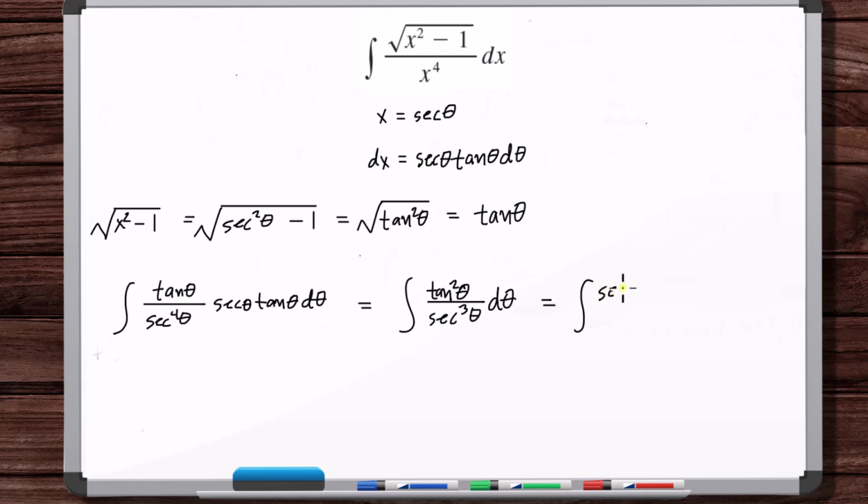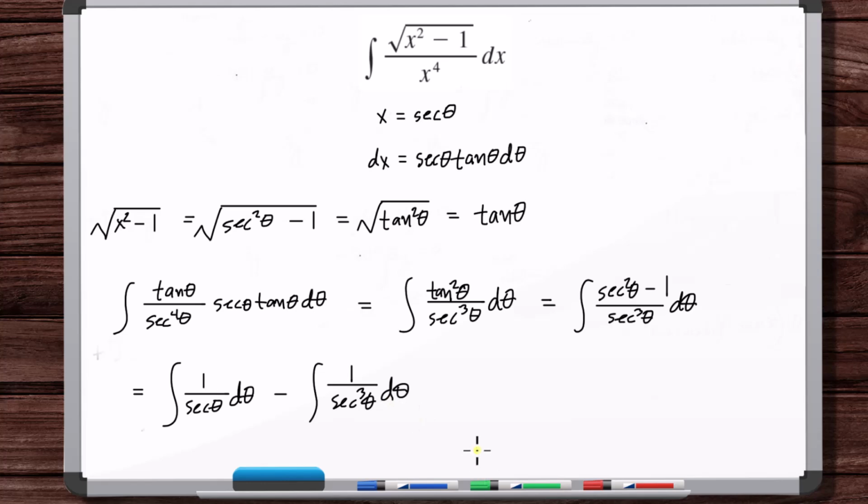Okay, so this 1 over secant theta is cosine theta.